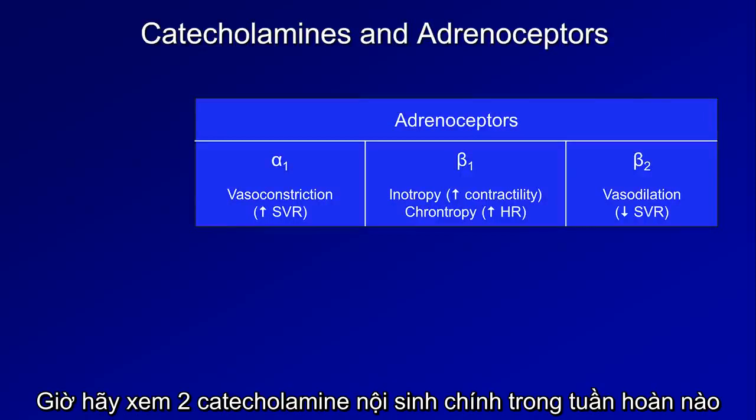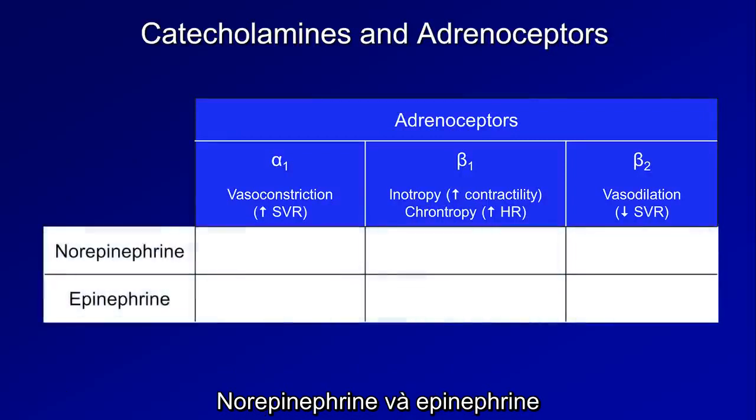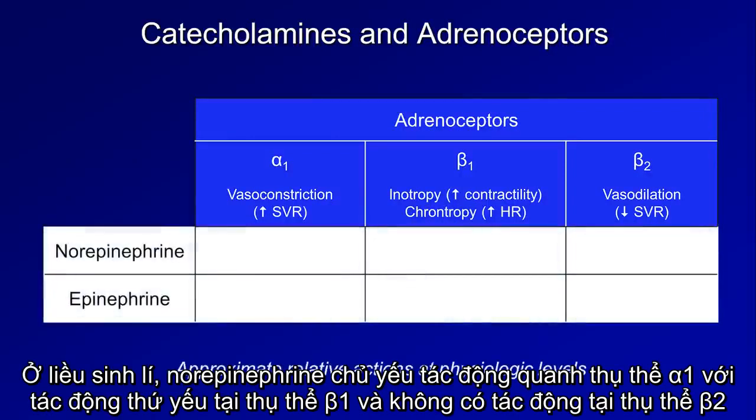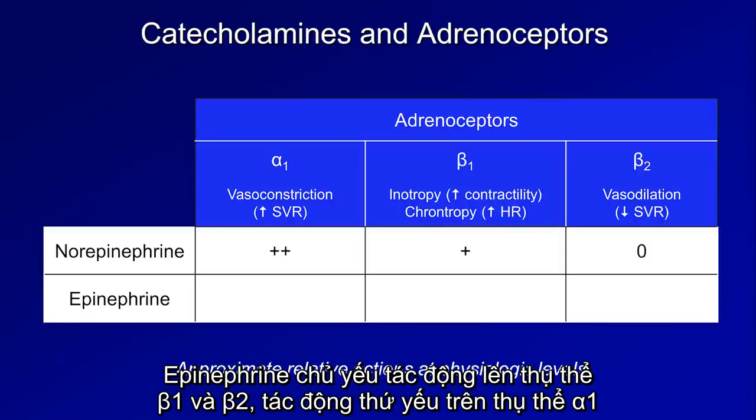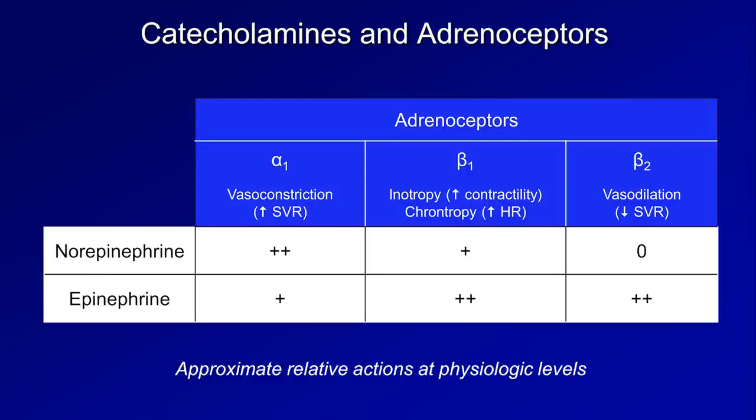Now, let's look at the 2 main endogenous circulating catecholamines, norepi and epi. At physiologic doses, norepi's main actions are on the alpha-1 receptor, with minor action at the beta-1 receptor, and no action at the beta-2 receptor. Epi's main action is on the beta-1 and beta-2 receptors, with a minor action on the alpha-1 receptor.